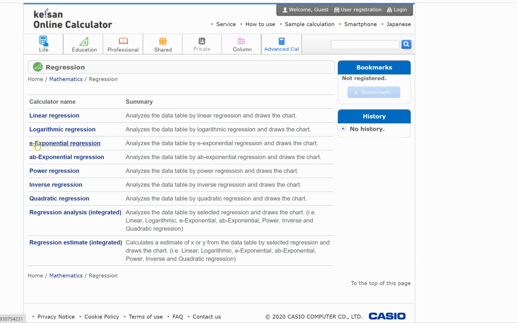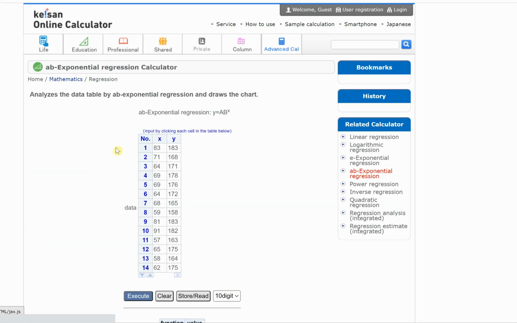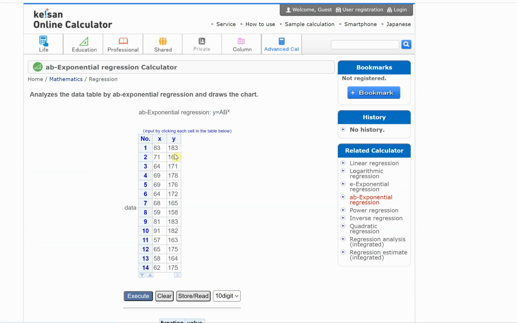Logarithmic regressions, exponential regression, which is that natural log, the e to the x. And they've got this, AB exponential. You tap on that guy, and then you've got a table here. And they've got some values already pre-generated.